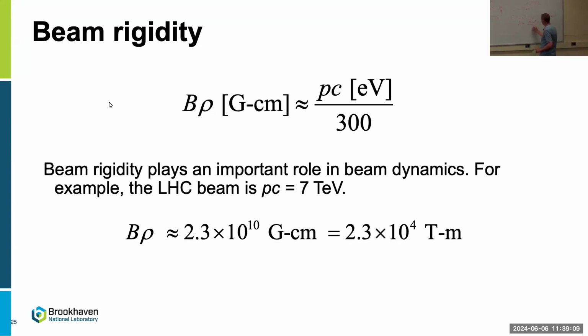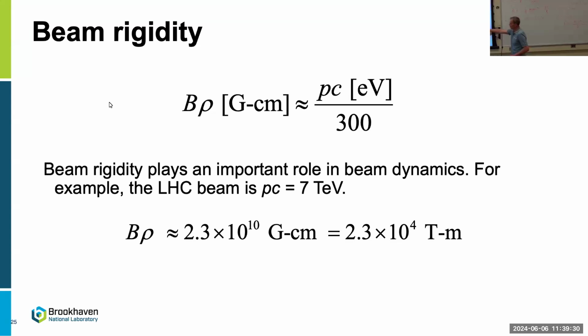Let's make it 3 times 10 to the 3 meters, 3 kilometers, the average bending radius in the LHC.